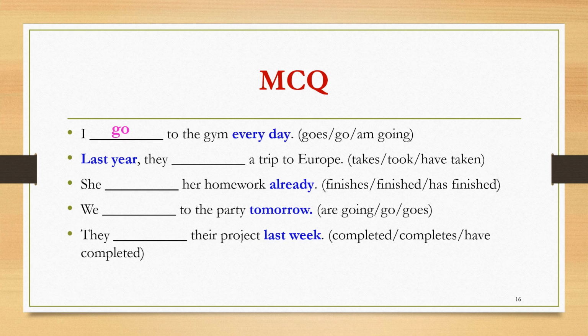So they took the trip to Europe, and this action started in the past and ended in the past, last year. So in this case, we have to use the simple past, or the past simple, which is took. Last year they took a trip to Europe.